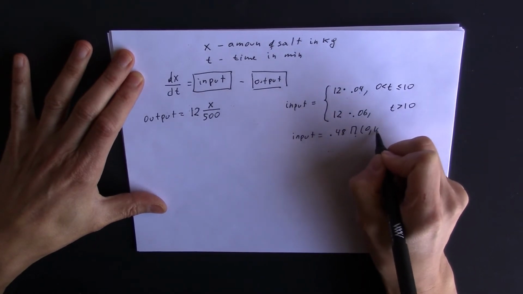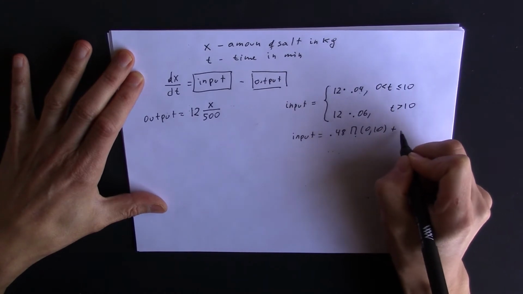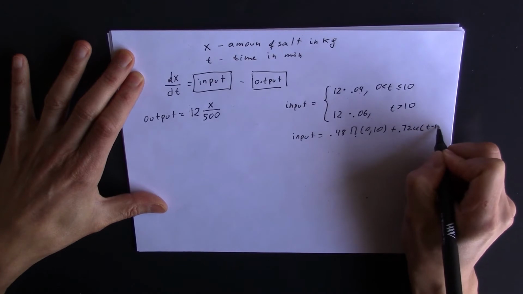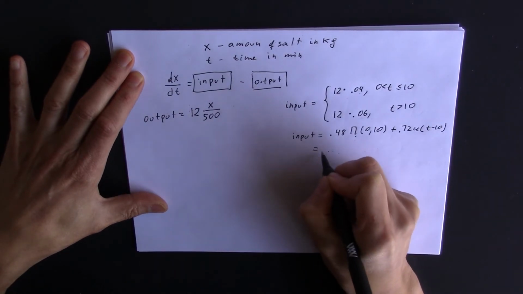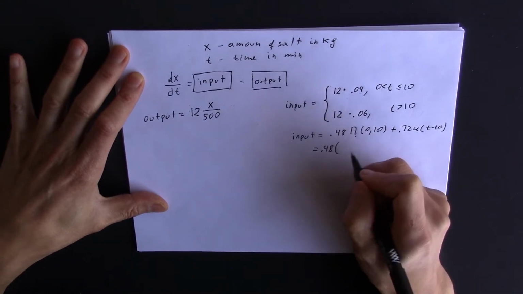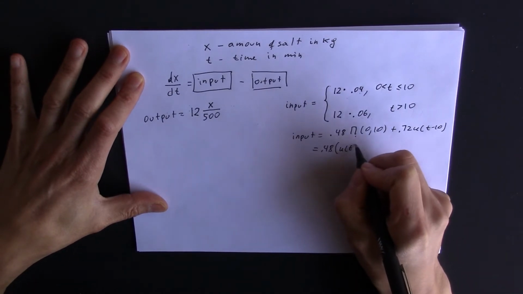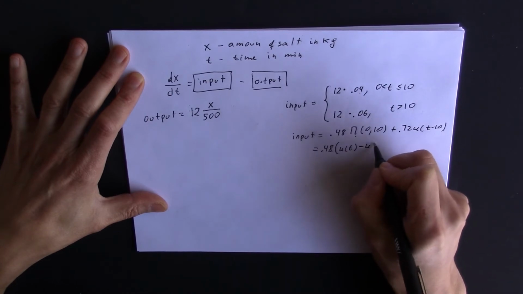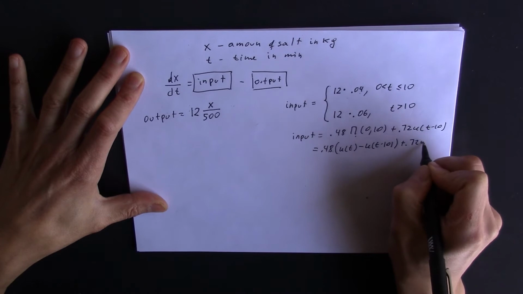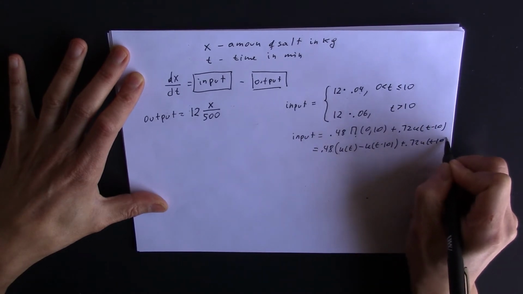window between 0 and 10, plus 0.72 step function at t minus 10. The 0.48 window between 0 and 10 is u of t minus 0 minus u of t minus 10, plus 0.72 u of t minus 10.